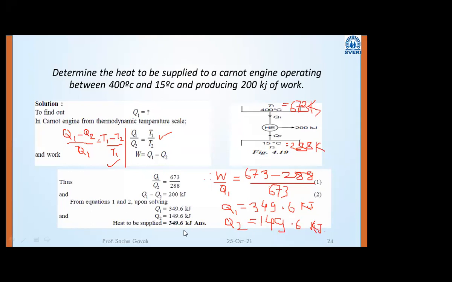Tomorrow I am going to take an important chapter, that is entropy and numericals on entropy.